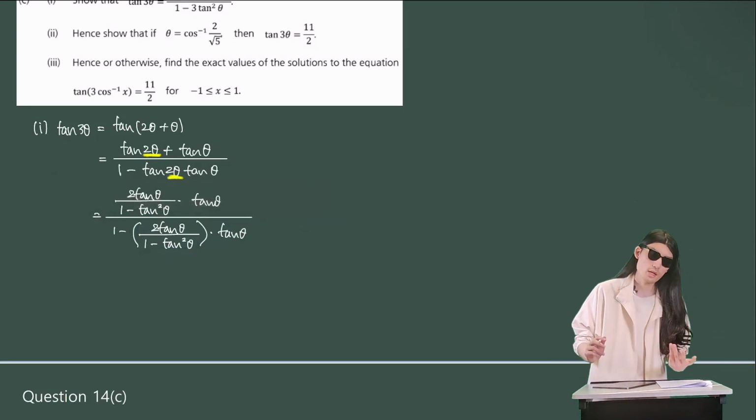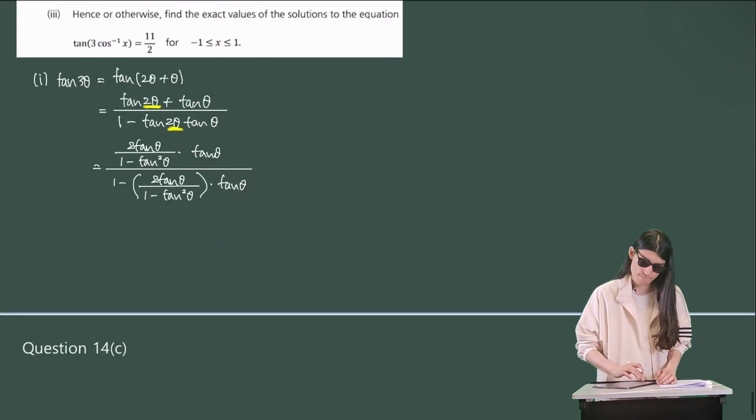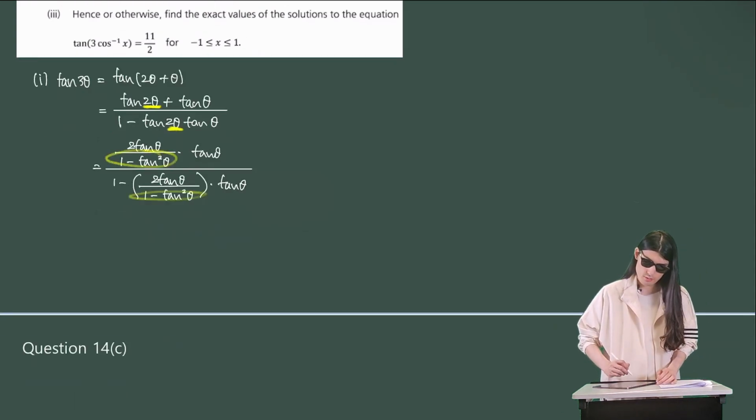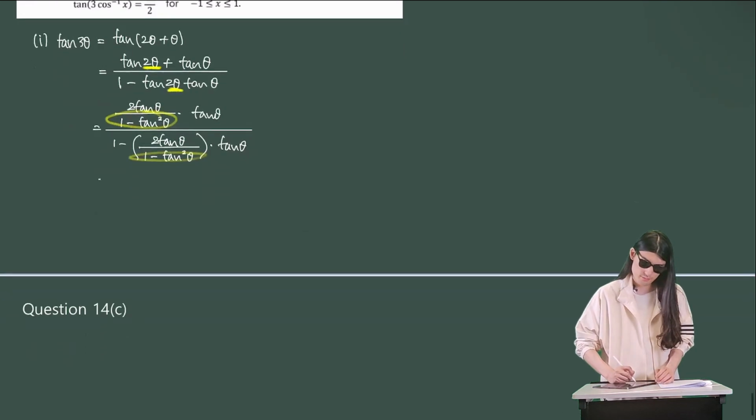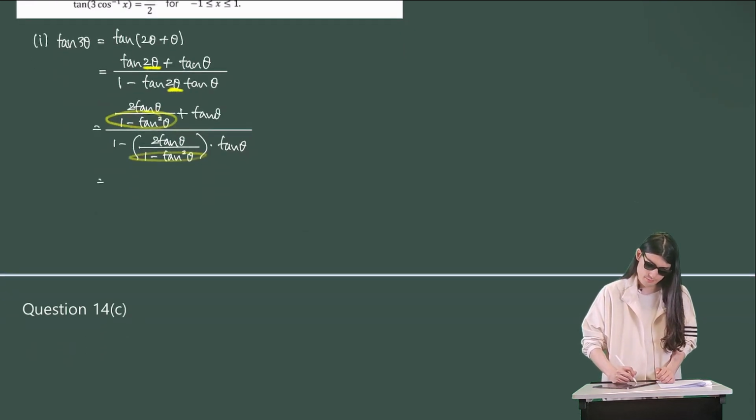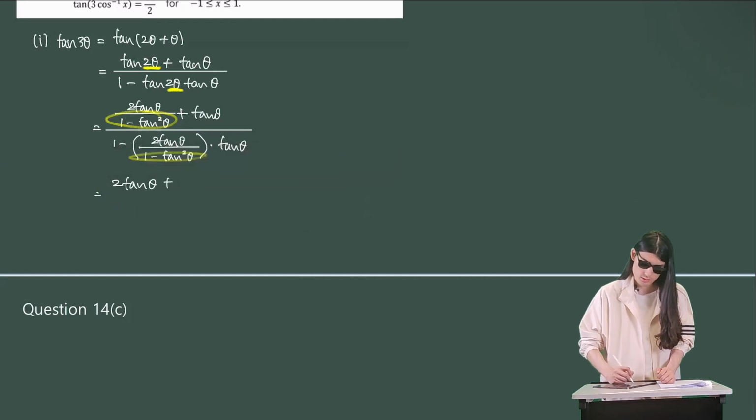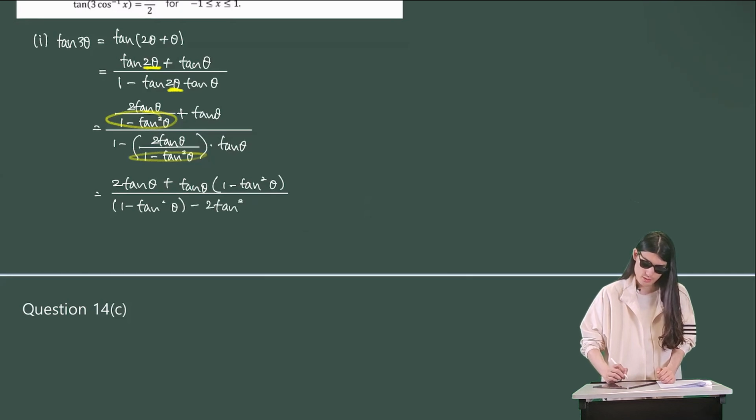Okay, we clean this up by multiplying top and bottom by 1 minus tan squared, 1 minus tan squared, which gives us two tan theta plus tan theta multiplied by 1 minus tan squared minus tan squared minus 2 tan squared theta.